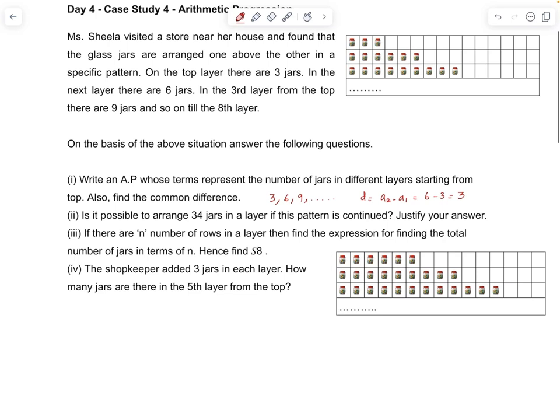Second question, is it possible to arrange 34 jars in a layer if this pattern is continued? Justify your answer. For this, let us assume that there is some row in the arrangement which has 34 jars.